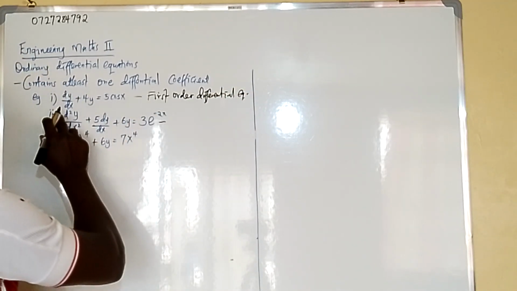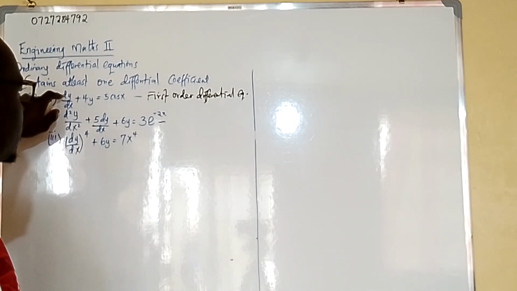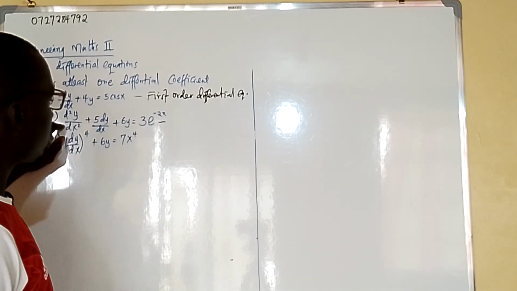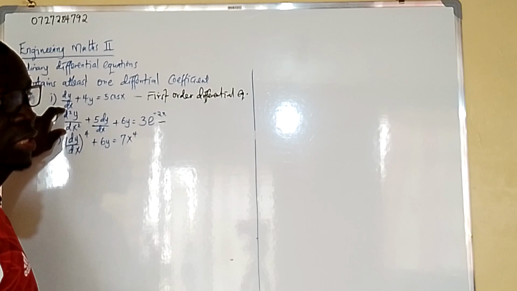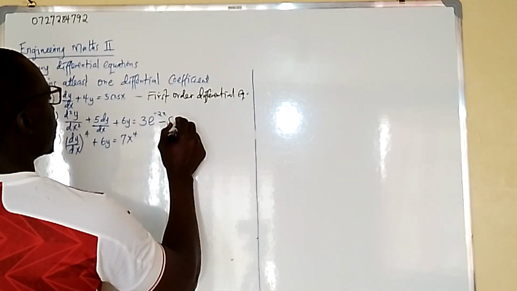This is because it has got its first derivative, and then we have the second order, which is second derivative. Second order differential equation.